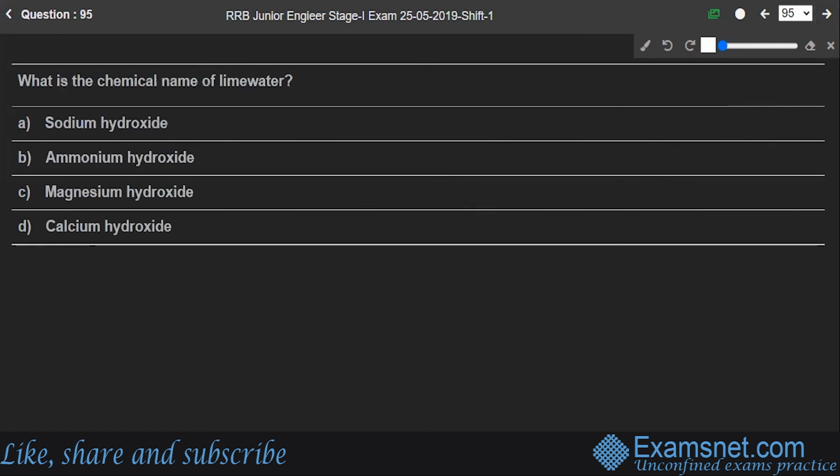Hope you understood this. Next, question number 95. What is the chemical name of lime water? Is it sodium hydroxide? Sodium hydroxide has the chemical formula NaOH. This is your caustic soda. This is used in the manufacturing of soap, paper, rayon, oil refining, making dyes and bleaches.